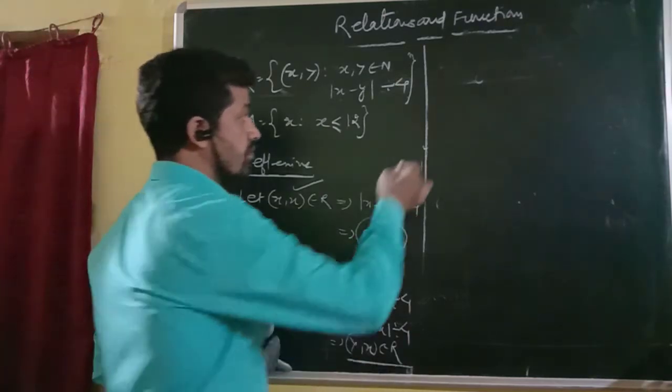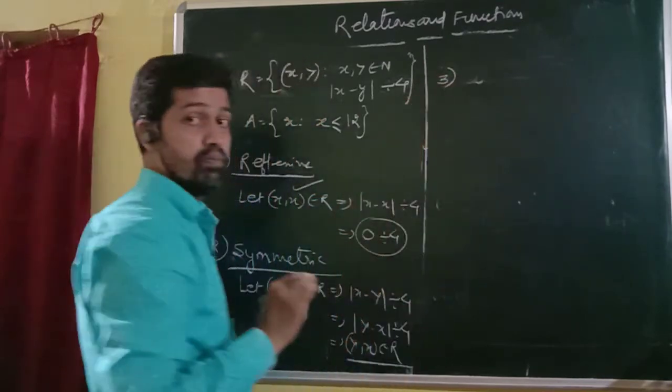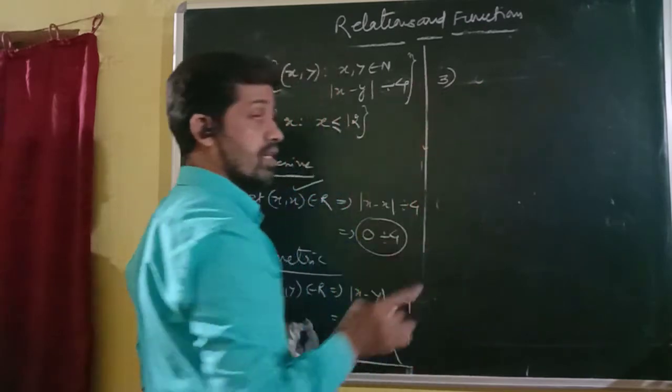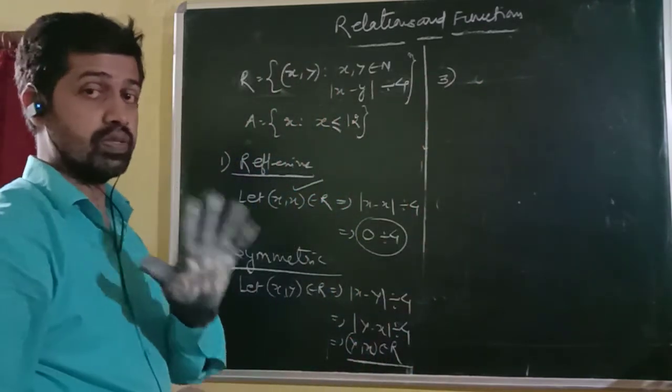Now the third one has to be given more attention, children. For transitivity we require 3 elements, do remember.